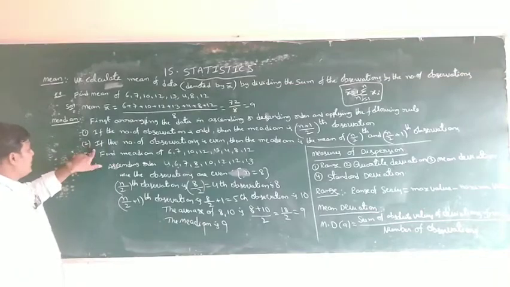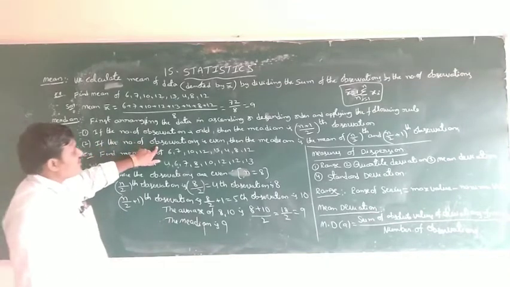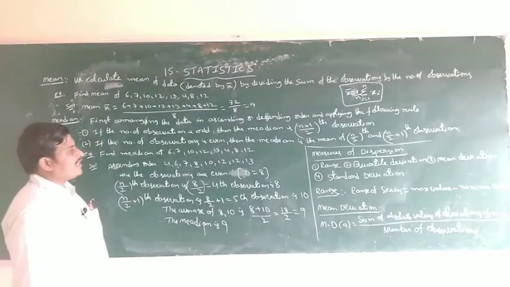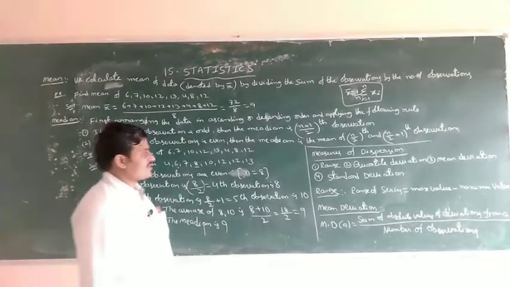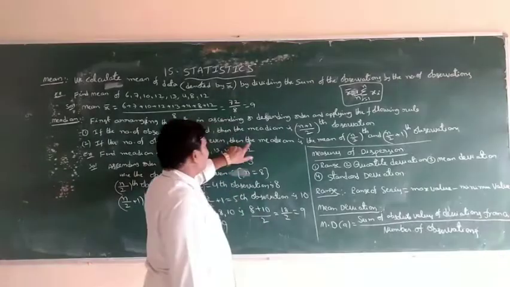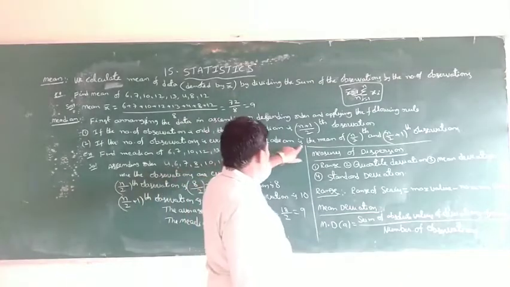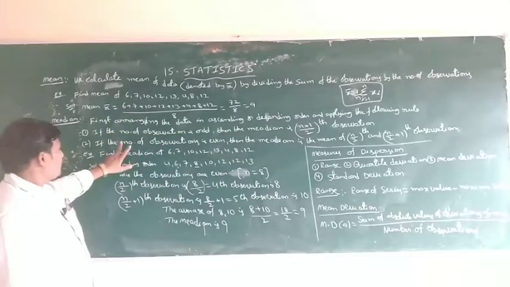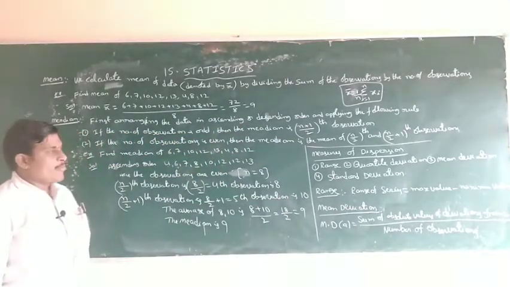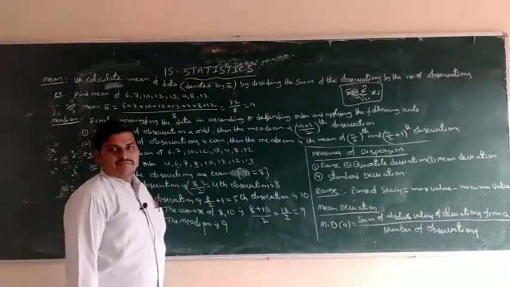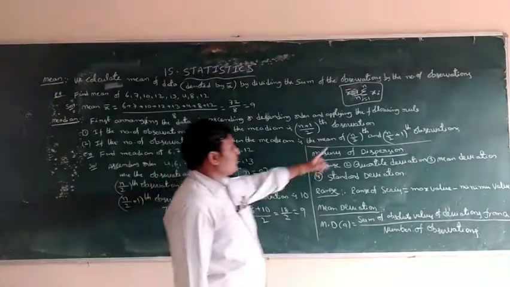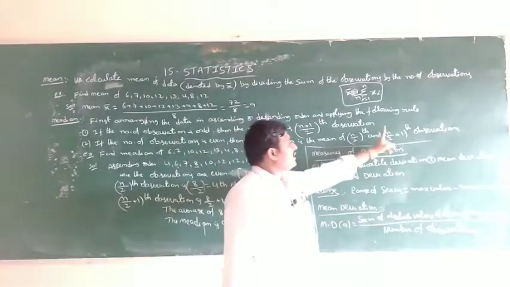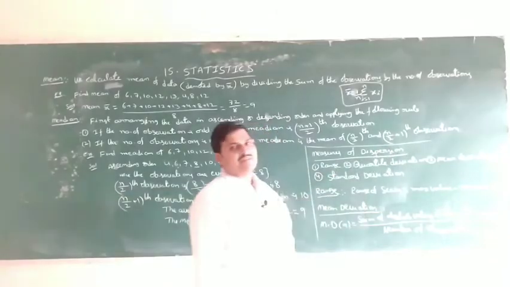If the number of observations is even, there are 2 medians. What are the medians? The n by 2th observation and the n by 2 plus 1th observation.